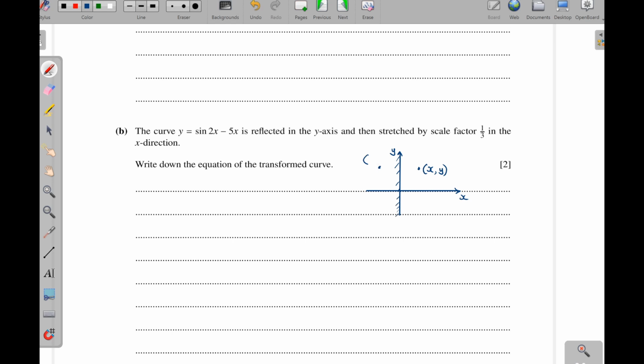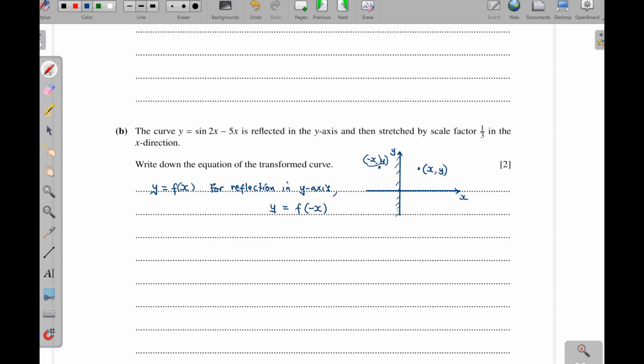So suppose it is here, then the x coordinate is going to be a negative, and the y coordinate remains, not so? So that means if we have y is equal to f of x, then for reflection in y-axis, y has to be equal to f of, x has changed to what?